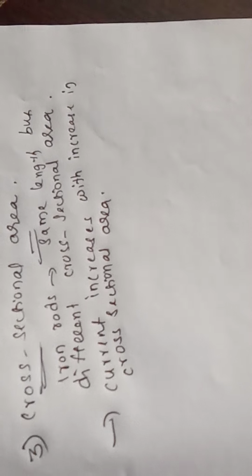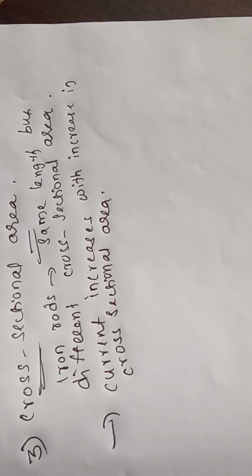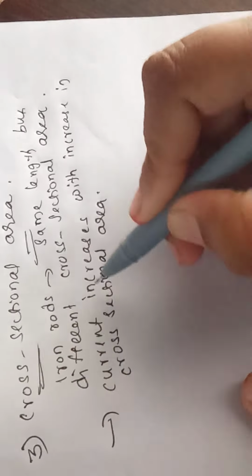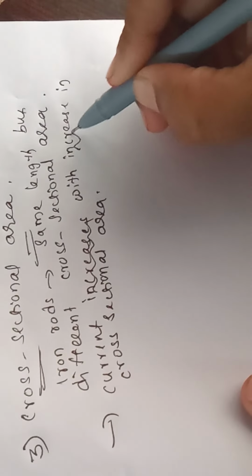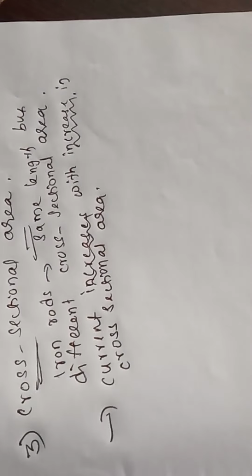We took iron rods of the same length but different cross-sectional areas. First one we connected, we noted the value of current. We took another rod whose cross-sectional area is greater than the first one and we repeated the experiment for all. We find that current increases with increase in cross-sectional area.